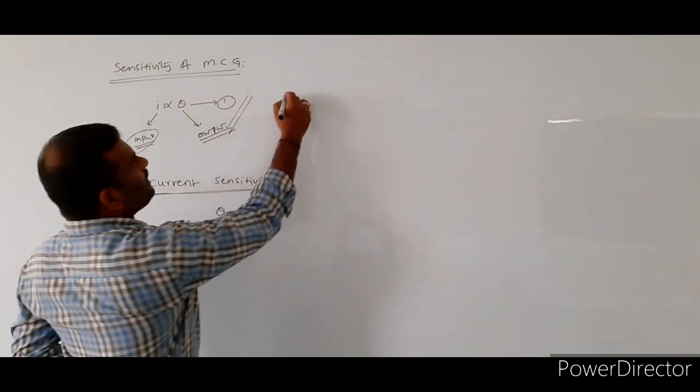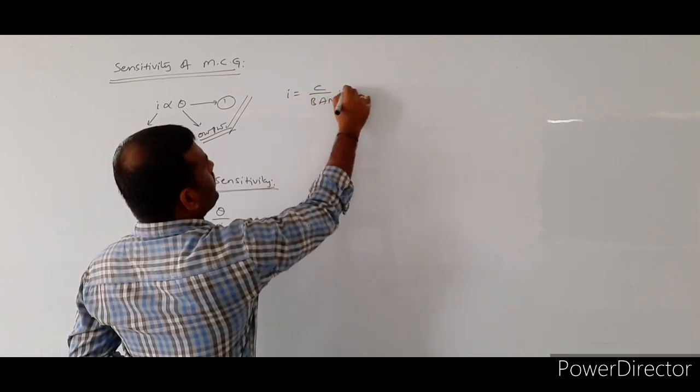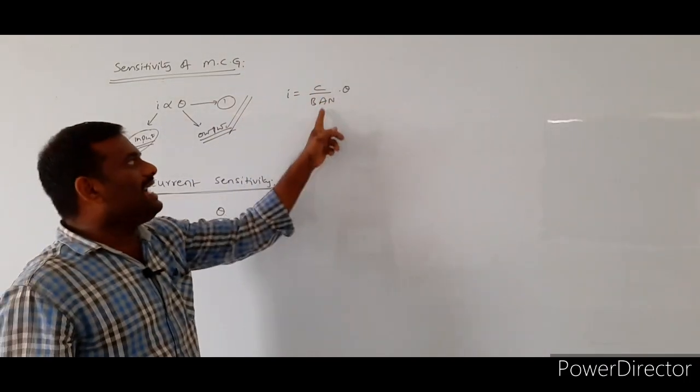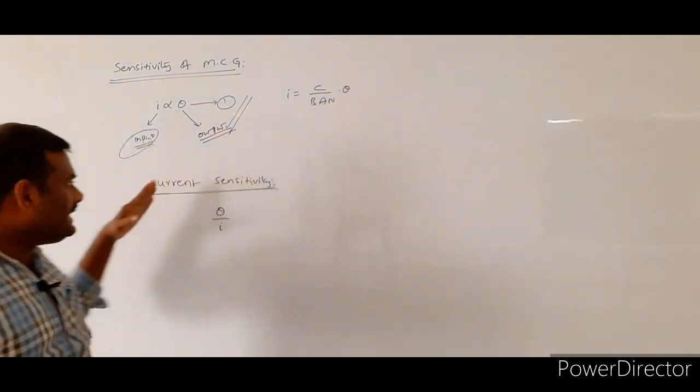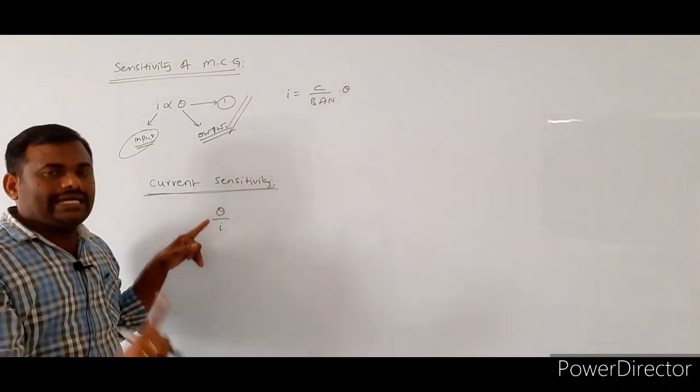Already you know that I is equal to C by BAN into theta. Here current sensitivity is defined as deflection produced per unit current.